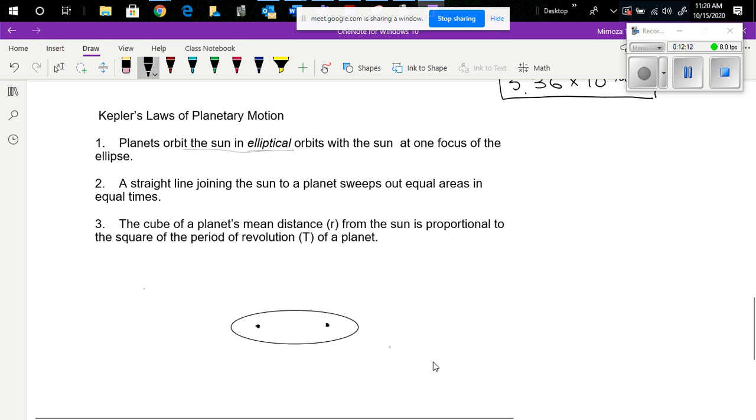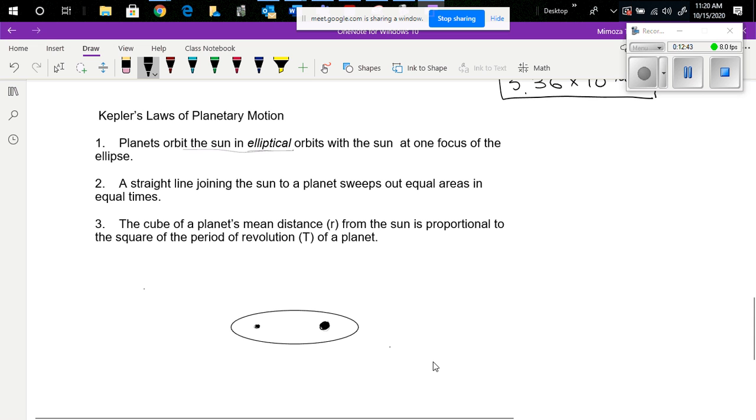Now, the first law states that in one of those centers, or focuses, of the ellipse, the sun exists. A straight line joins the sun to the planet.